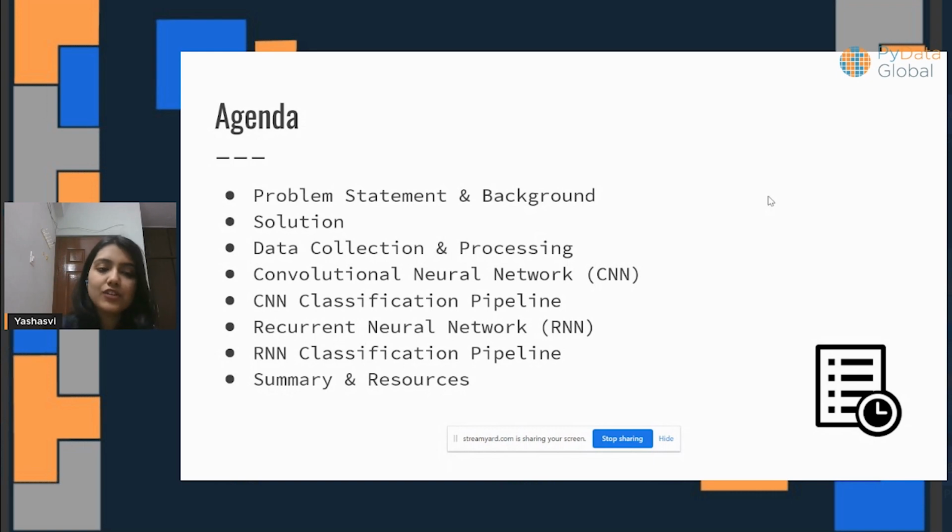After that, we'll have a look at the whole pipeline of the convolutional neural network audio classification that was taken. And post that, we'll have a look into the pipeline of the recurrent neural network audio classification. After all of this, we'll have a look at the summary and the resources that were used while I was doing this project.